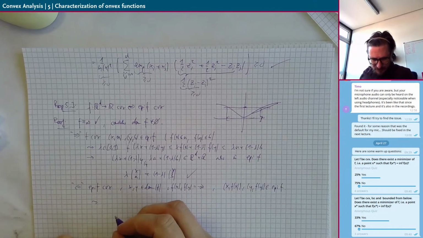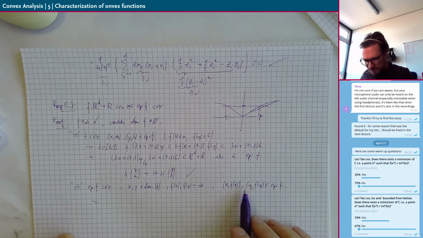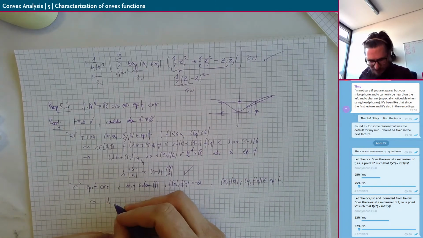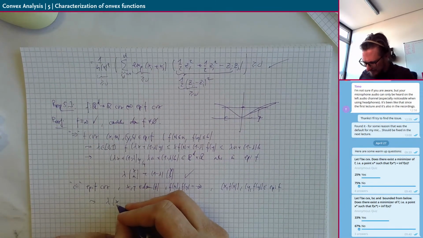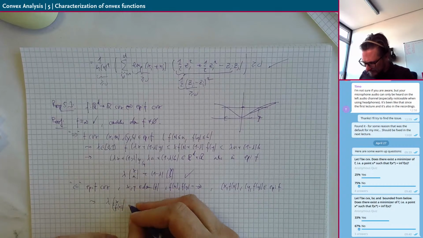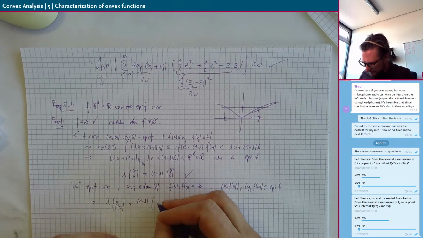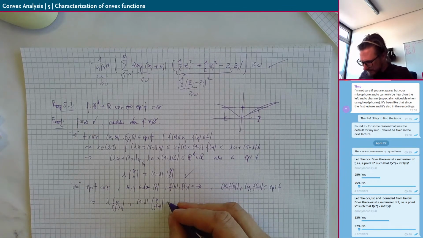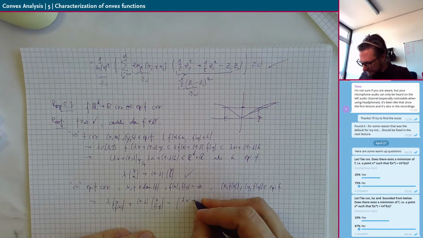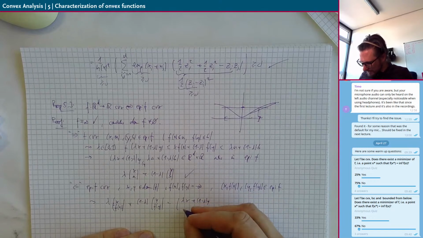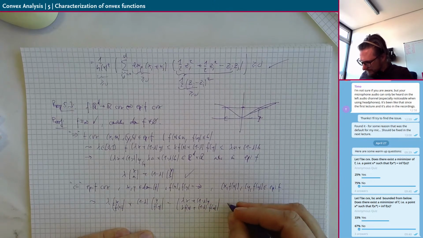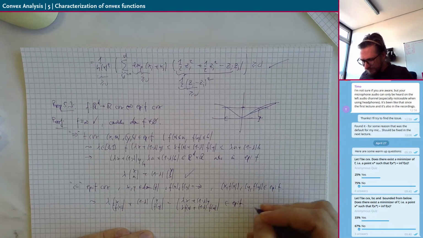And thus we can take the convex combination of these, which is again in the epigraph. So we just write down the convex combination: lambda times x, f of x, plus 1 minus lambda times y, f of y, which is lambda x plus 1 minus lambda y, lambda f of x plus 1 minus lambda f of y, and this is again in the epigraph of f.